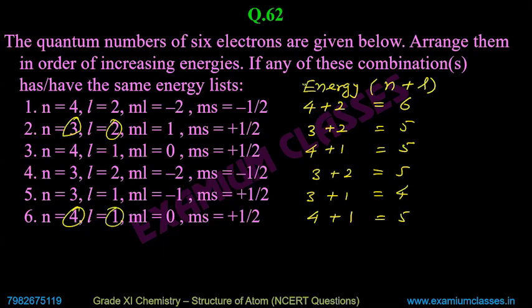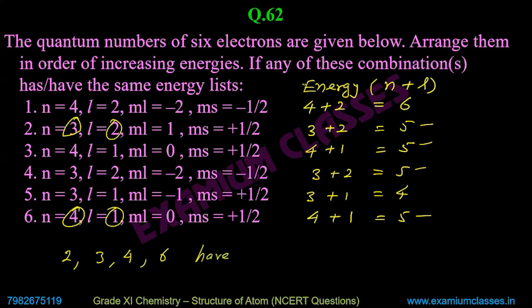The second part is if any combinations have the same energy, so you will list these. Those having energy equal to 5, that is 2, 3, 4 and 6, have the same energy.